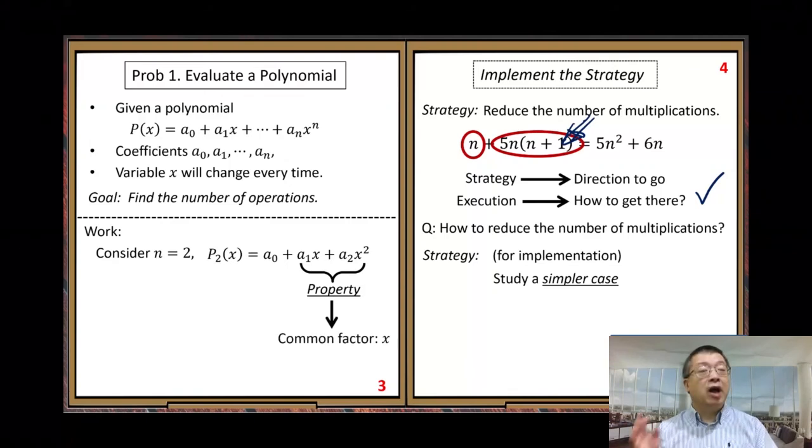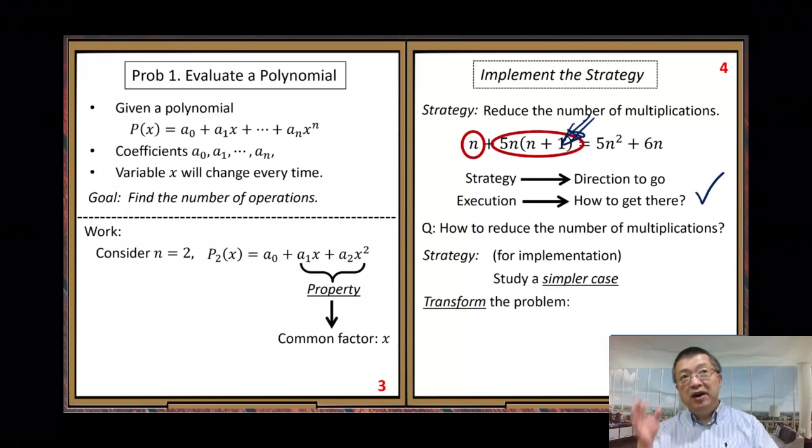They have a common factor x. Common factor x, that is the critical property we need. When we have a common factor x, then we can do something special here.